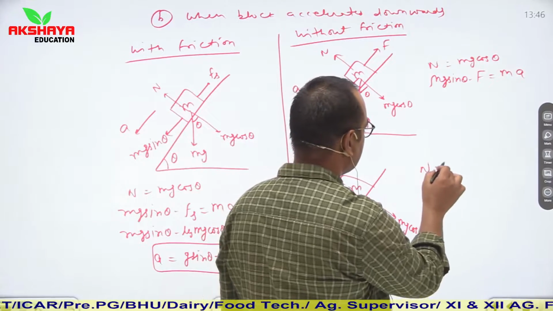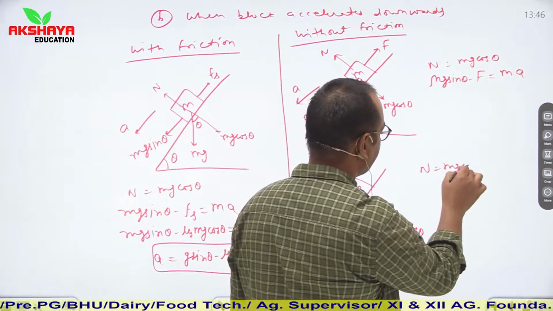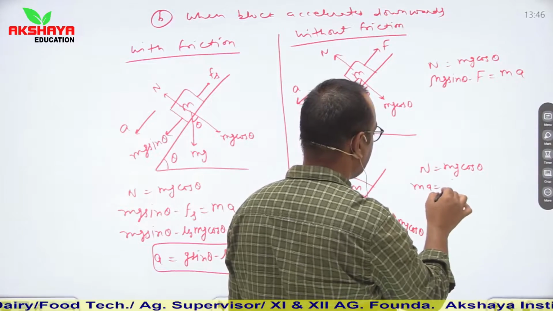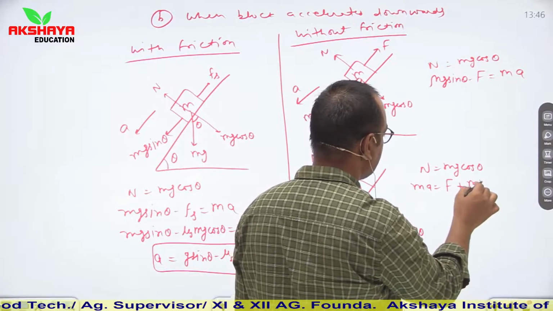So n is equal to mg cos theta and ma is equal to F plus mg sin theta.